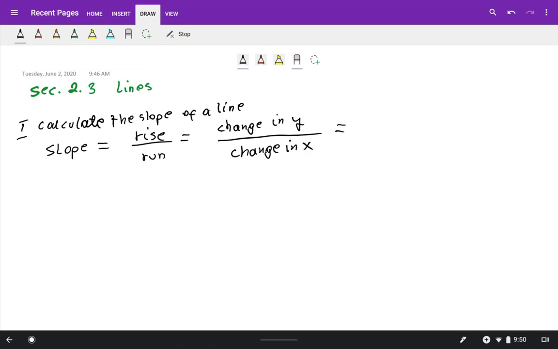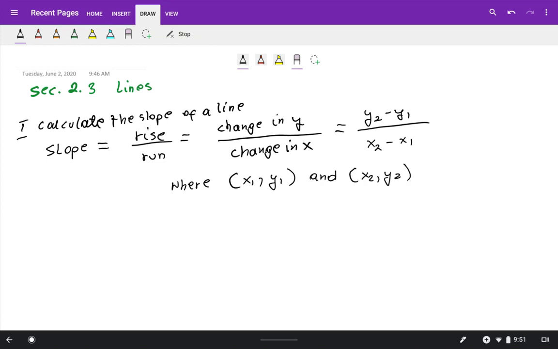The formula of the slope is change in y, so we have y2 minus y1, divided by change in x, which is x2 minus x1, where x1, y1 and x2, y2 are two distinct points on the line.